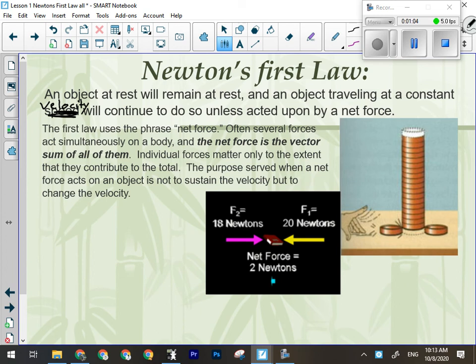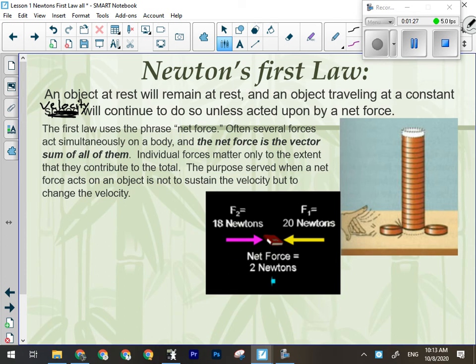Here's the weird thing. An object can travel at a constant speed and not a constant velocity at the same time. That means the magnitude of how fast it's going doesn't change, but the direction does, right? Prime example of that, anything moving in a circle.